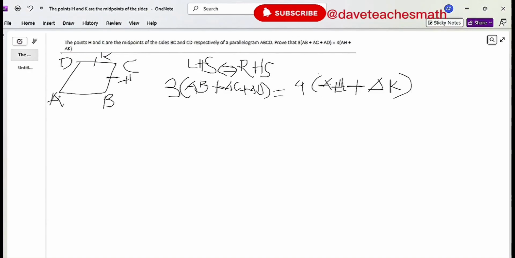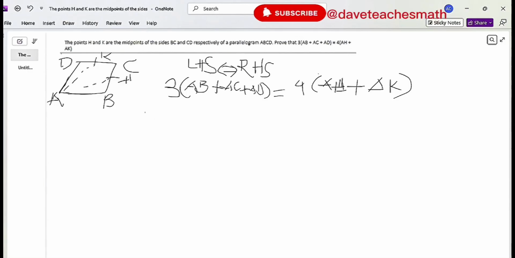AB is independent, AD is independent, but AK from A to K and AH are dependent. That means they cannot exist on their own except there are independent vectors available. So my interest is going to be changing AC, because AC is dependent here.